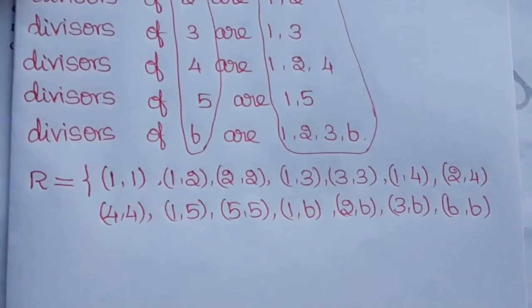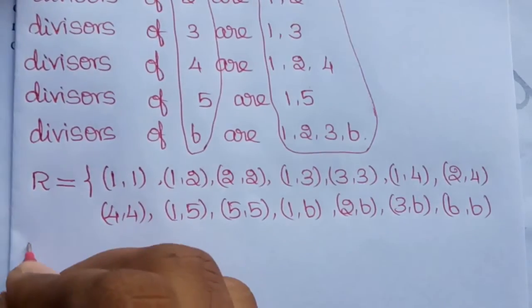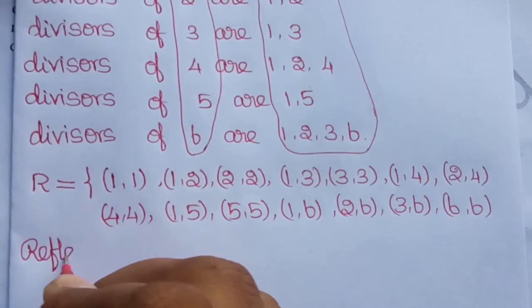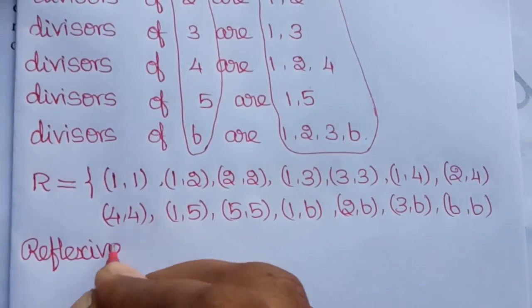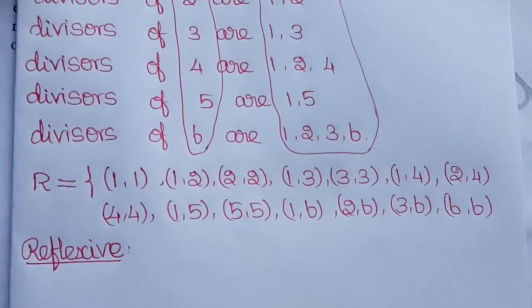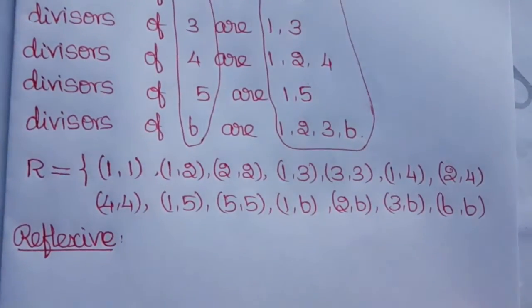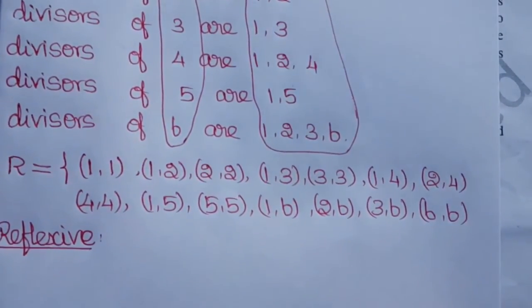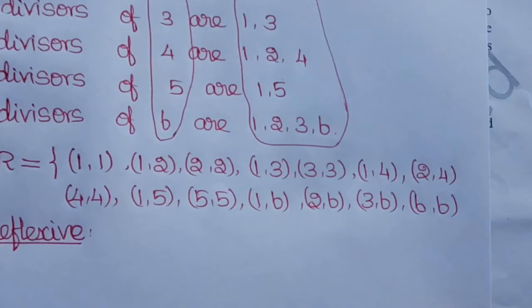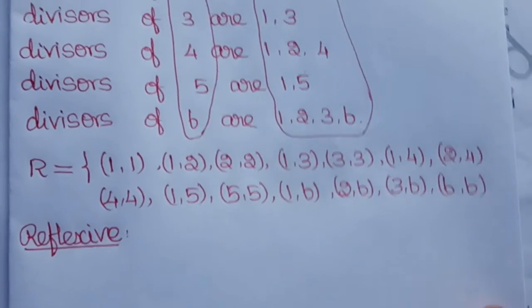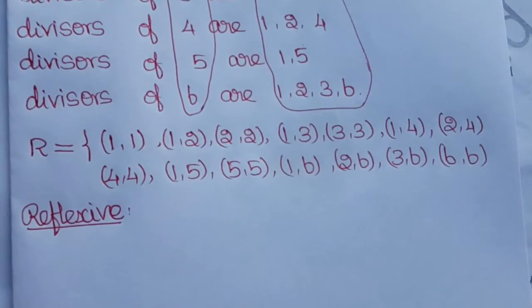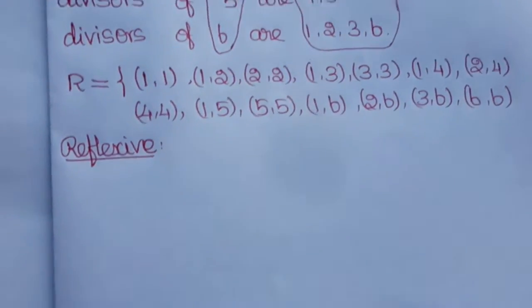Now, is the relation reflexive or not? First you check the reflexive condition. A relation is reflexive when equal pairs are there for all the elements of A. The elements of A are 1 to 6.